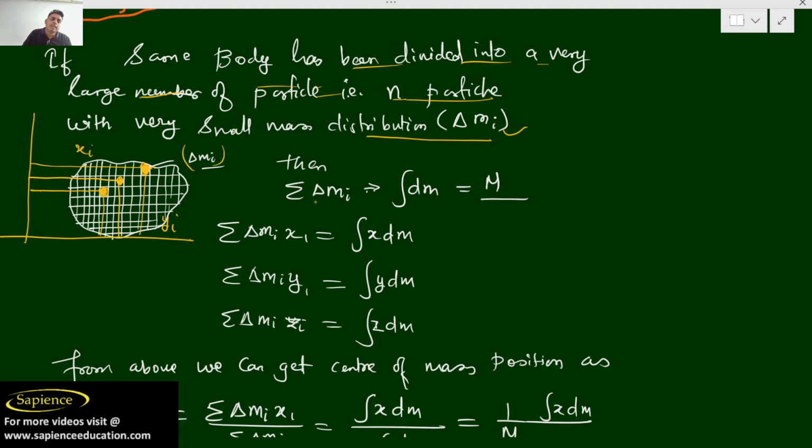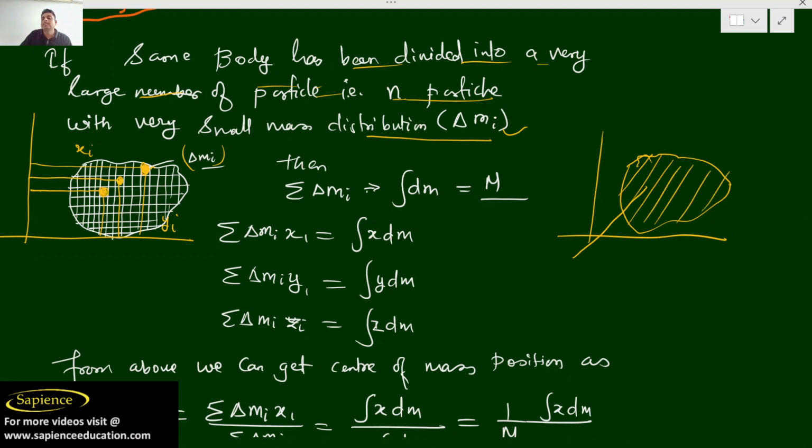In space also, if you are willing to take three dimensions, we can use this formula like this. We can divide the mass into so many parts, and we will take a small part, and that small part has a position xi, yi, zi.